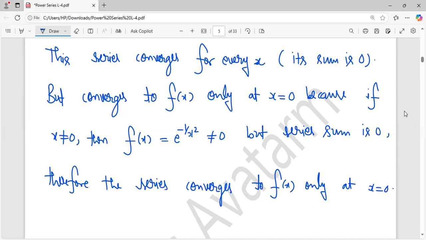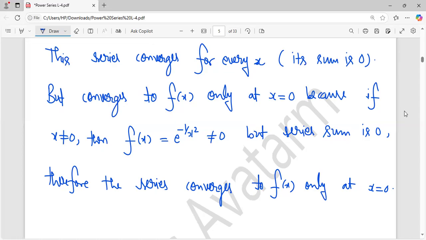So in this lecture, we have studied what is Taylor series and what is Maclaurin series, and we have worked out two examples. In the first example, the series generated by a function converges to that function. In the second example, the Taylor series does not converge to the function in the interval where the Taylor series exists; it converges at only one point.